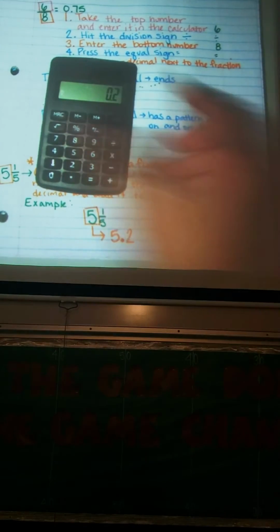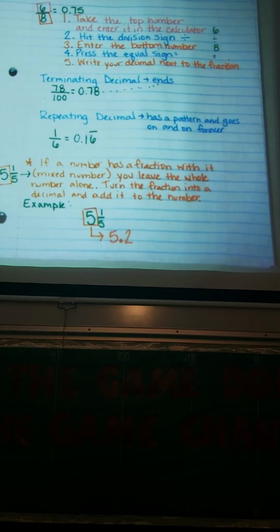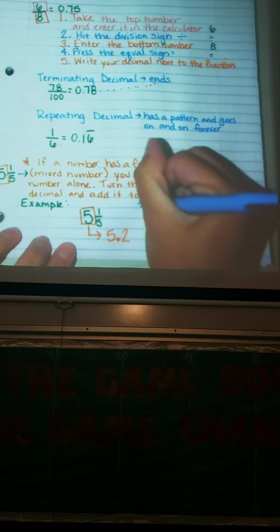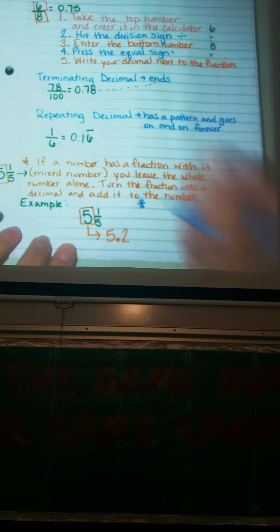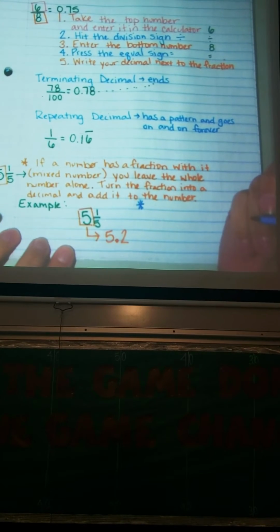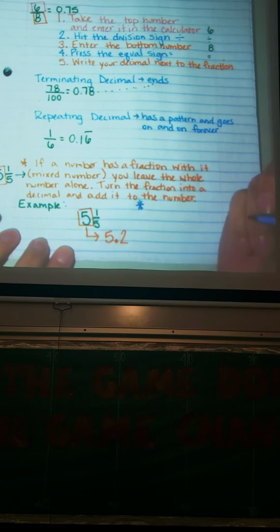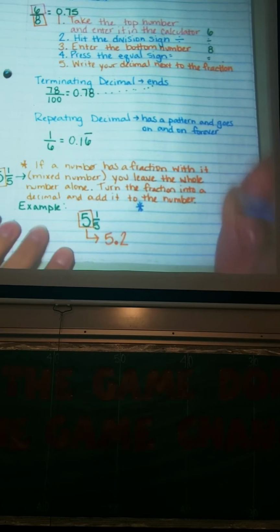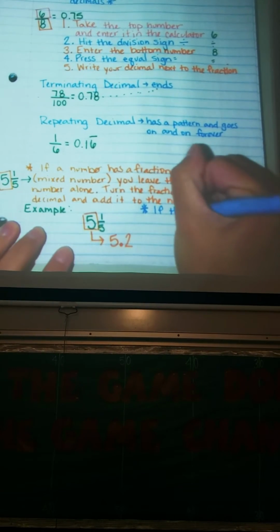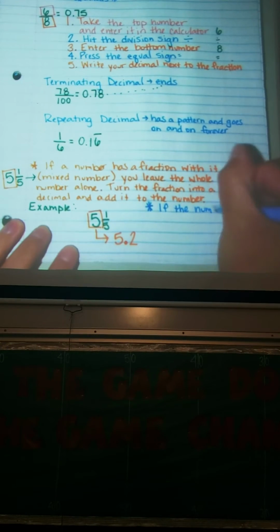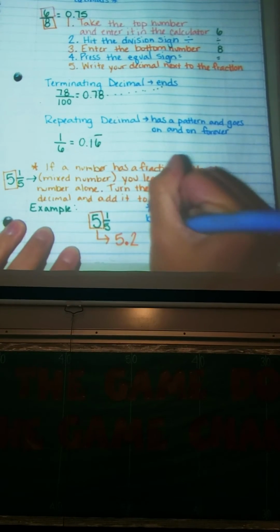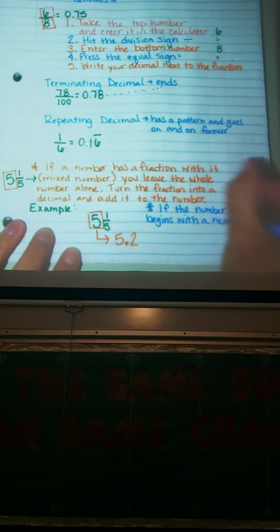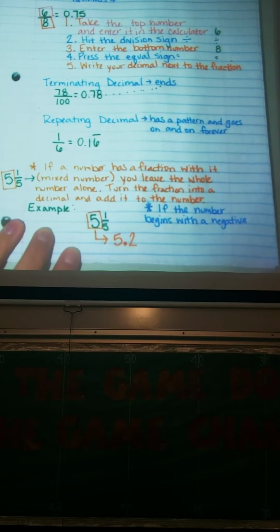The last rule, and I'm just going to try to squeeze it on here, because it doesn't take a lot. If your number begins with a negative sign, you leave the negative sign alone. Don't mess with it, just leave it in front of the number. Okay? So if the number begins with a negative, what do you do? You leave it alone. You keep the negative sign.